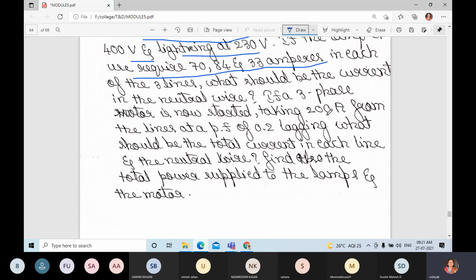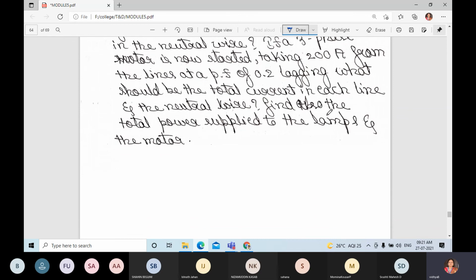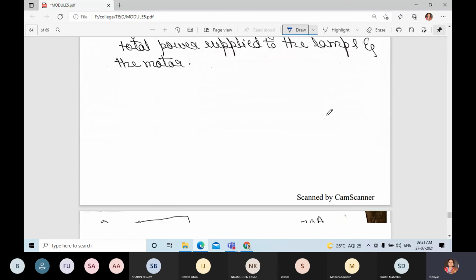If a 3-phase motor is now started taking 200 amps from the lines at a power factor of 0.2 lagging, what should be the total current in each line and the neutral wire? Find also the total power supplied to the lamps and the motor.